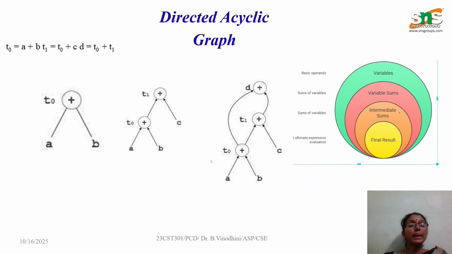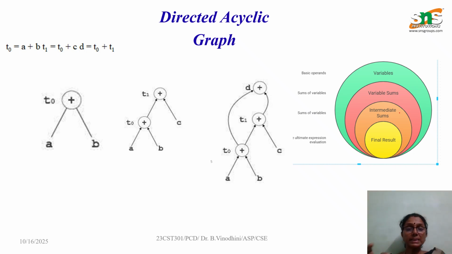Next, in the third step, we have T0 plus T1. T0 and T1 are already calculated and computed, so we reuse the variables T0 and T1 again. They are added with the plus, and the resultant is stored in the variable B. So this is another example of a directed acyclic graph.